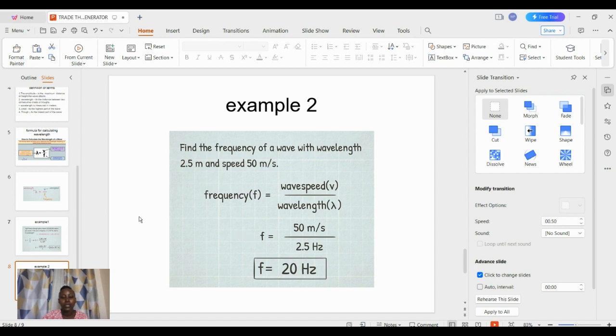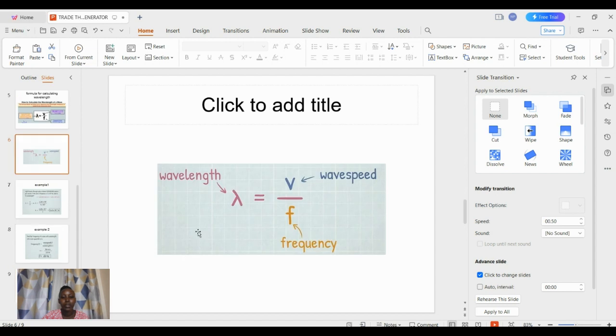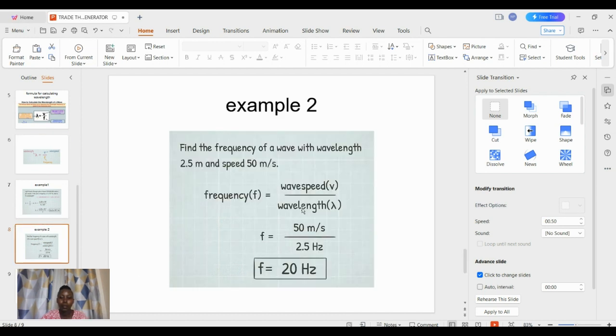How are we going to get frequency from our formula? If lambda is given by velocity divided by frequency, then frequency will be given by velocity or the wave speed divided by lambda, the wavelength. So this is our formula: frequency equals the wave speed divided by the wavelength.